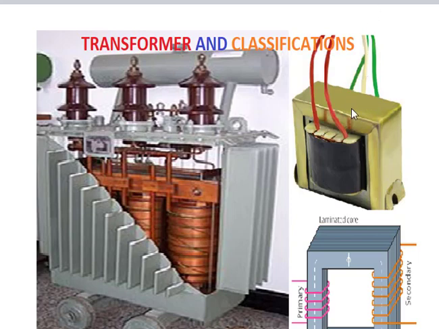Depending upon the number of turns in the primary and secondary coil, the transformer converts high voltage AC into low voltage AC or low voltage AC into high voltage AC.